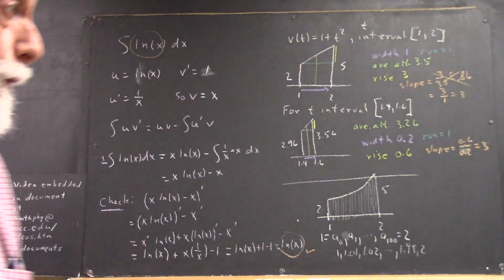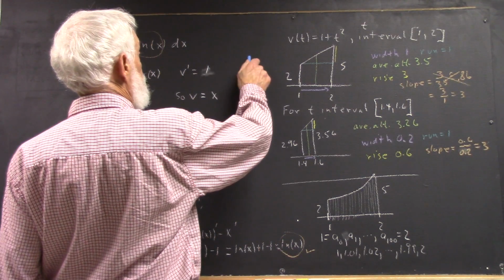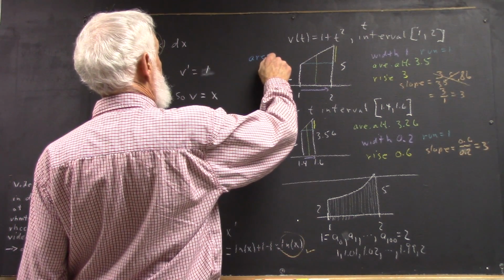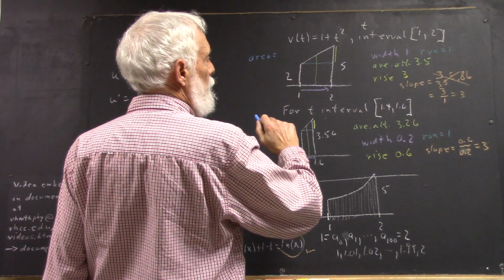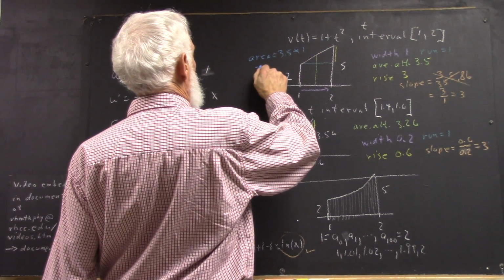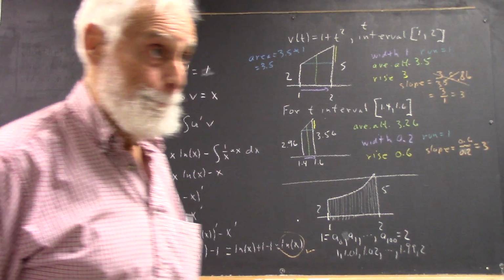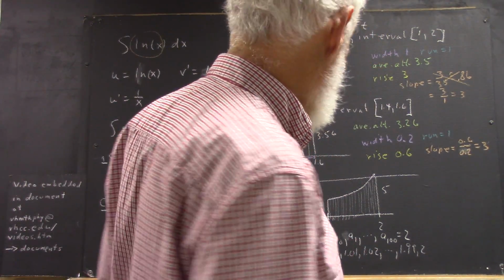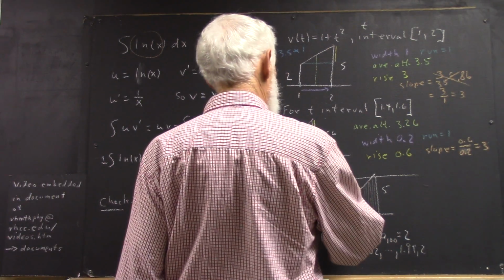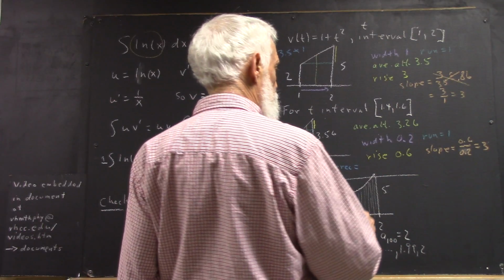So let me go back and write down the area. The area of this trapezoid is the average altitude times the width, which is 3.5. And here the area is average altitude times width.